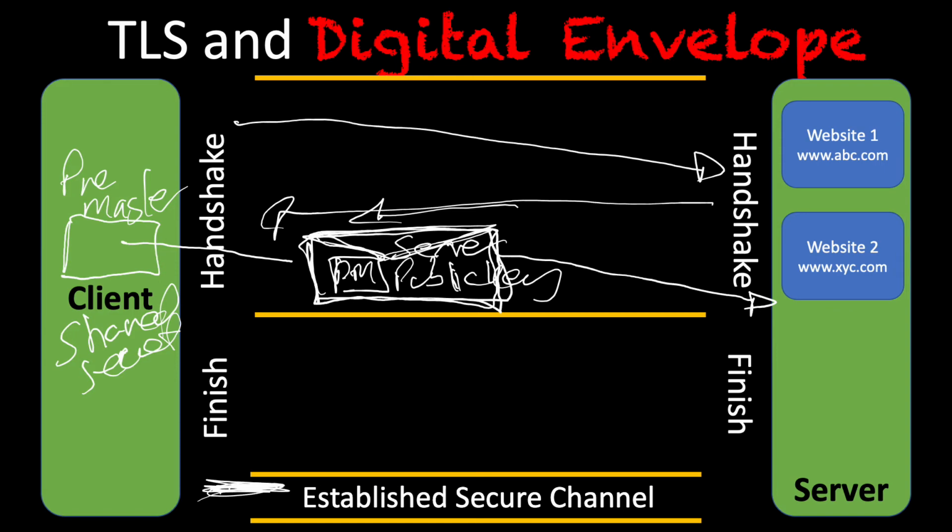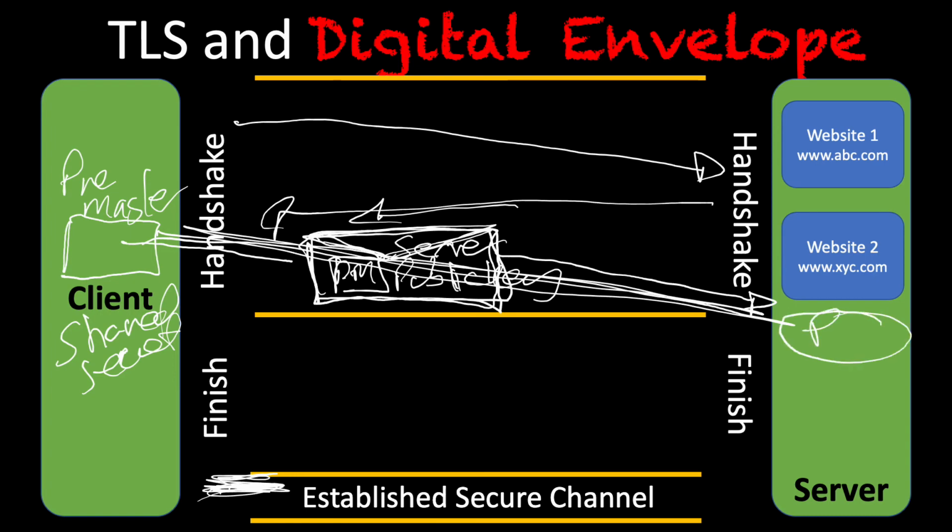Now, the problem with the digital envelope is that the symmetric key we're using to encrypt the traffic is being sent across the wire, and that's not a good thing. Also, let's say someone were to hack the private key.